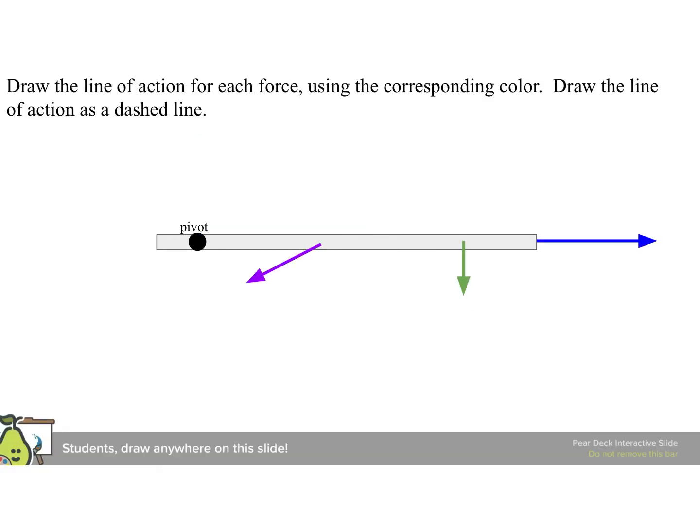All right, draw the line of action for each force using the corresponding color, and draw the line of action as a dashed line. So our purple one is going to be something like extend it backward and forward, but dash it. The green one would be extend backward and forward, but dash it.